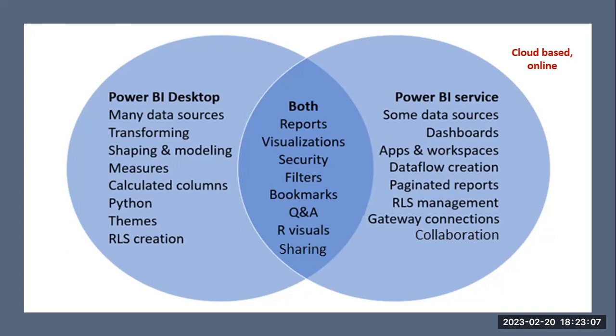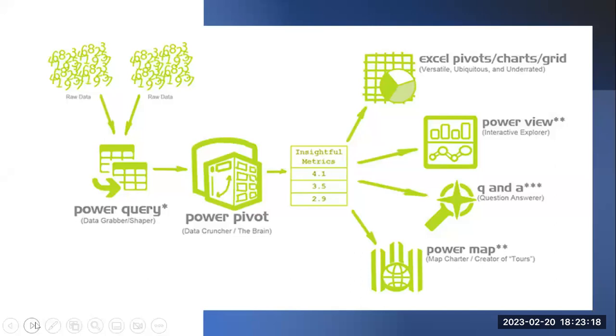So I think you get the drift that there is just so much that you can do with Power BI across multiple options that you might want to explore. So again, to just bring all of this into context, because we are going to focus on the Power BI desktop, what we are going to really look at is this transmission from raw data into the Power Query, where the data will be shaped and brought into Power Pivot, where it will be crunched.